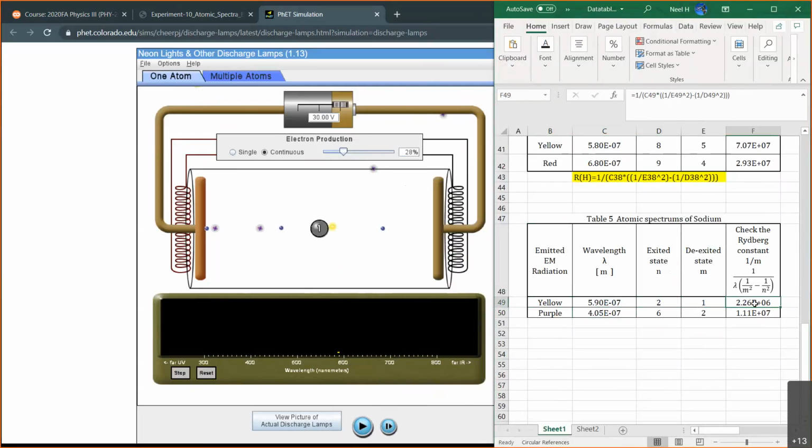Which means when you go beyond hydrogen, the formula that works very nicely for hydrogen doesn't work. Anything beyond hydrogen, the formula doesn't work. There is a way to actually modify that by using the atomic number, but that also works only in a very limited area. If the element is really heavy, that cannot explain at all.